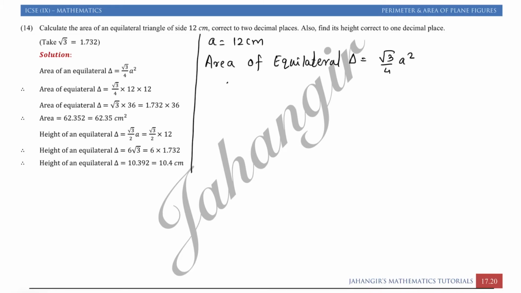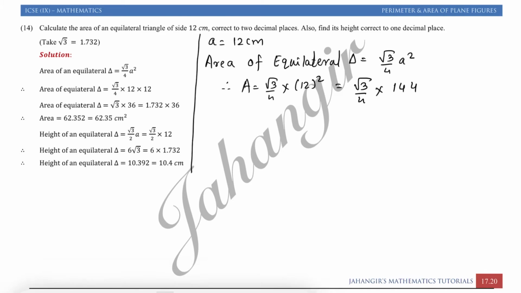So therefore area is equal to root 3 by 4 into 12 square, that is 144.